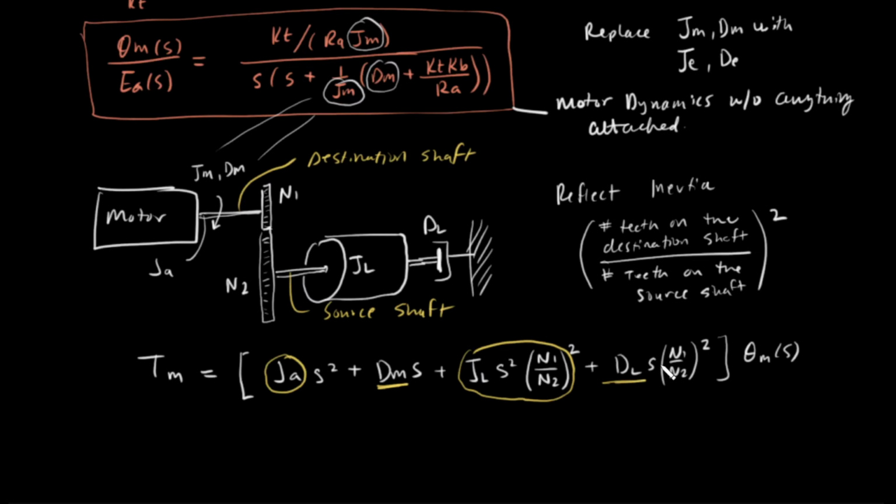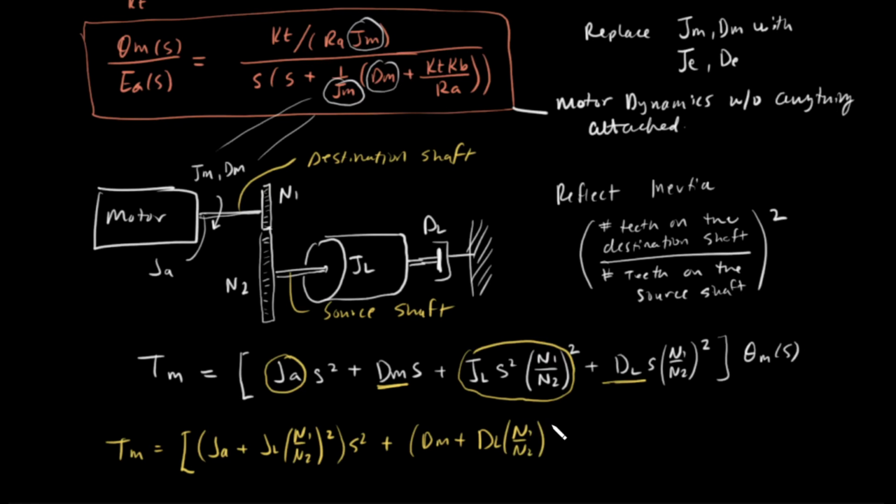We can say that the torque on the motor is equal to JA plus JL N1 over N2 quantity squared, times S squared, plus DM plus DL N1 over N2 quantity squared, S, theta M of S. Okay, and so that's how we include the additional components of the shaft.